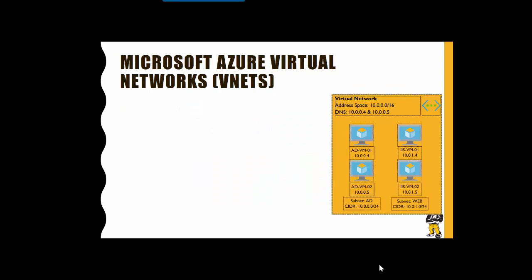So drilling down a little bit more, this is just an example of a typical Azure virtual network scenario where we define a specific subnet, 10.0.0.something for example, for Active Directory domain controllers, and a second separate subnet for my web servers.